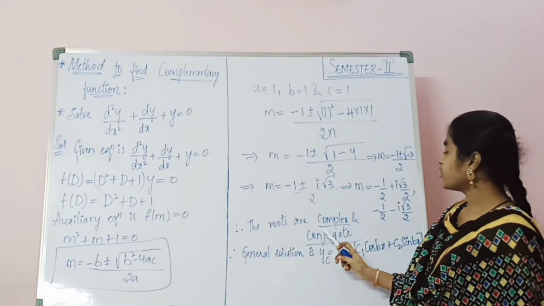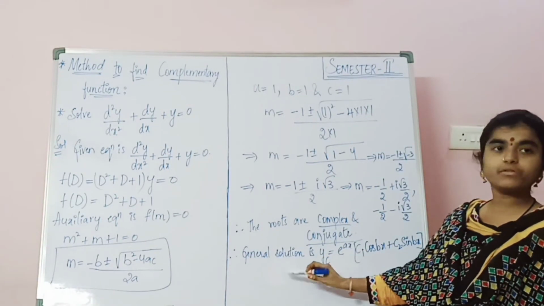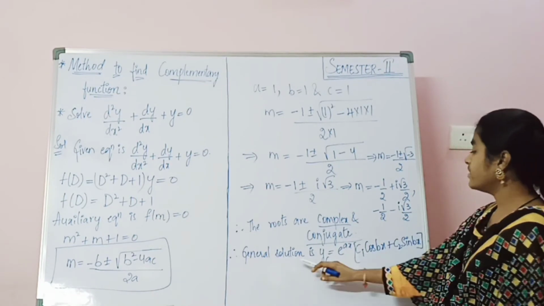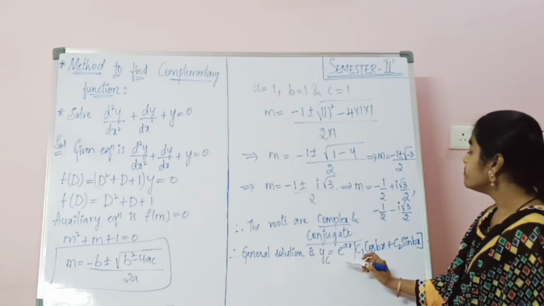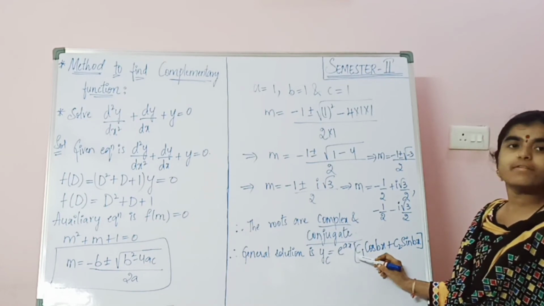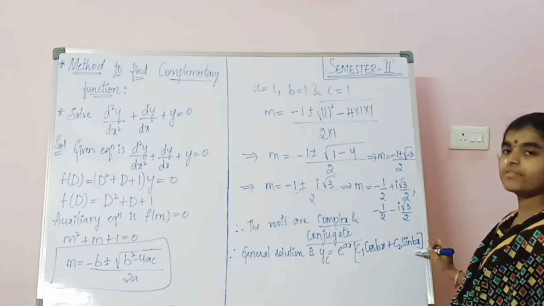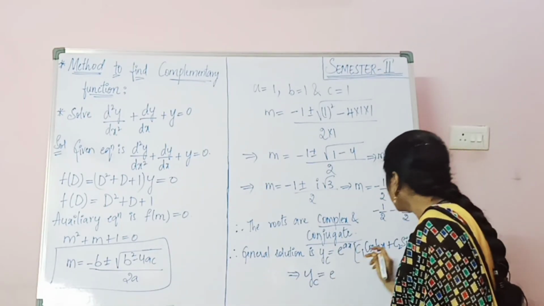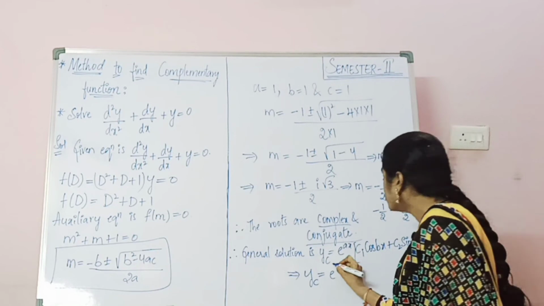So if roots are complex and conjugate, then what is the general solution? What is the complementary function here? Therefore general solution is yc equals to e power ax into c1 cos bx plus c2 sin bx. So that implies yc equals to e power, what is a here? Minus 1 by 2.